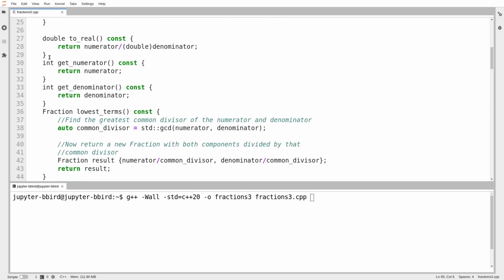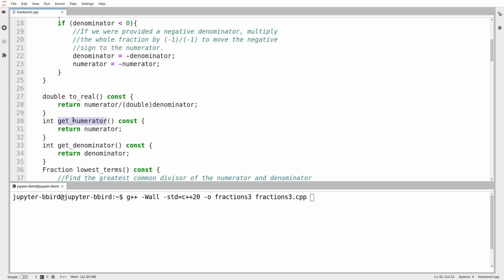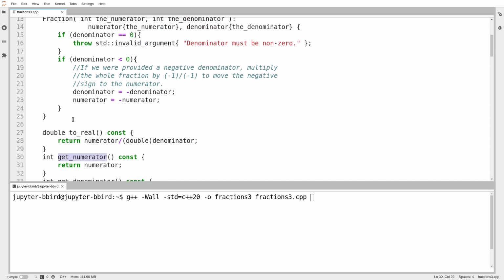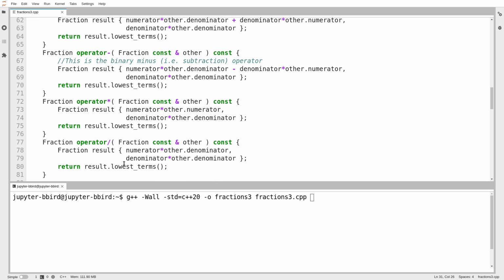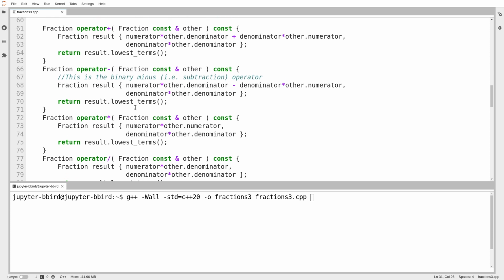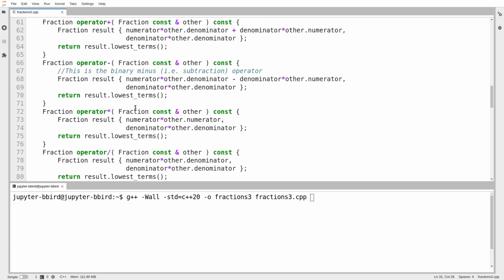Just like when I call the getNumerator function on a particular fraction, it works on the current object. The other operand is one that came in from outside.